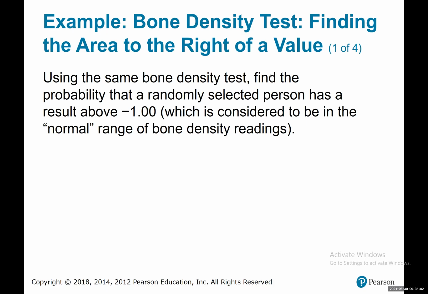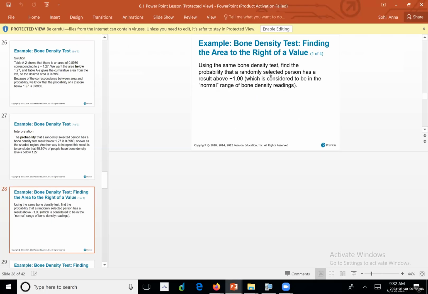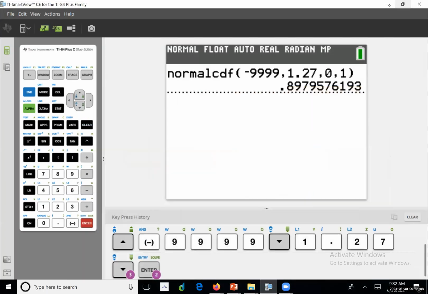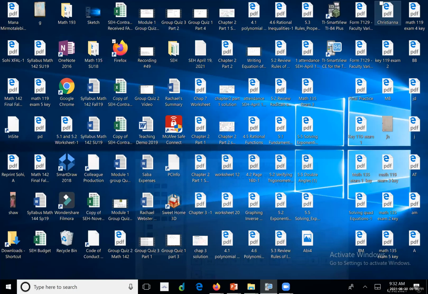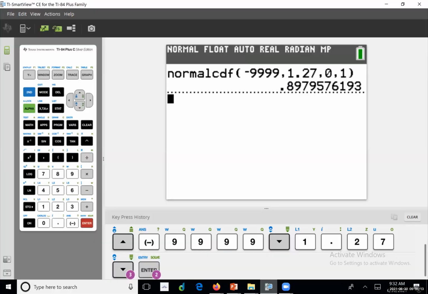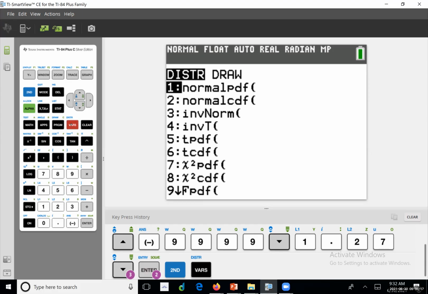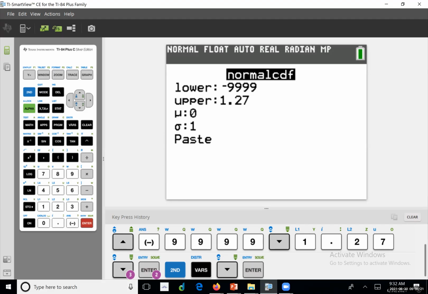So now let's go to the calculator and put that in the calculator. So here we go. So we go second vars, normal CDF, lower. In this case, it starts from -1.